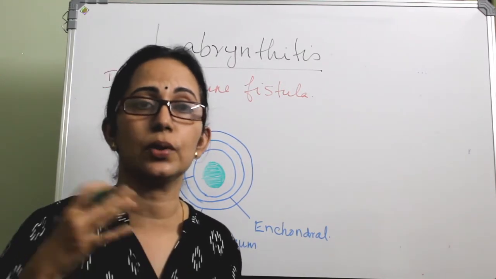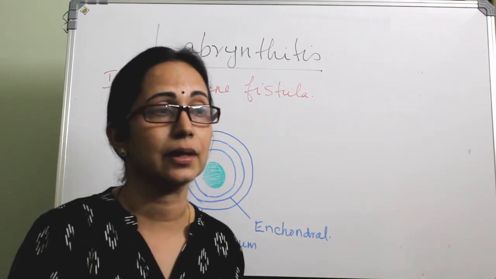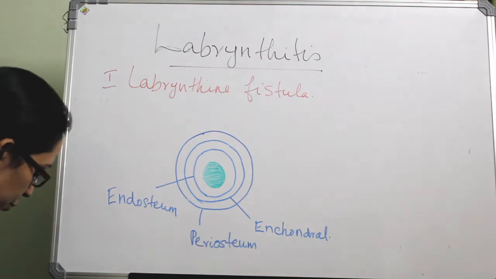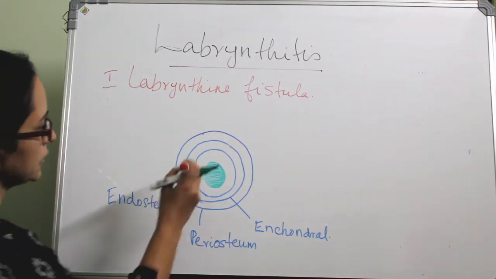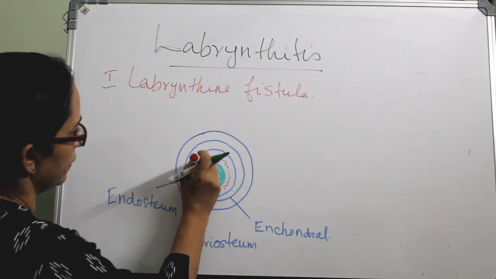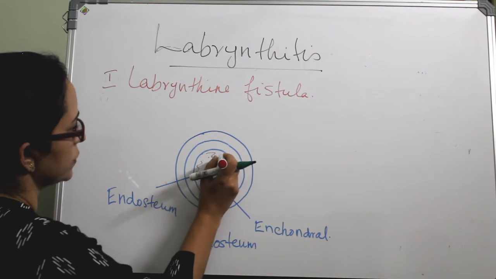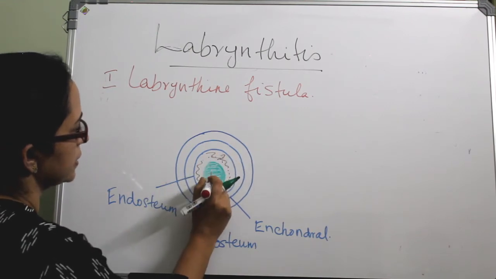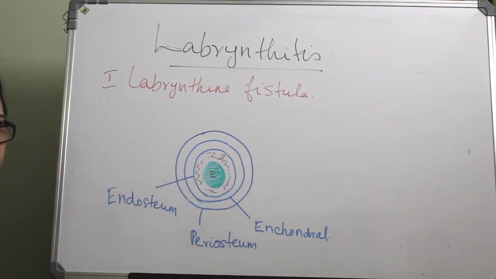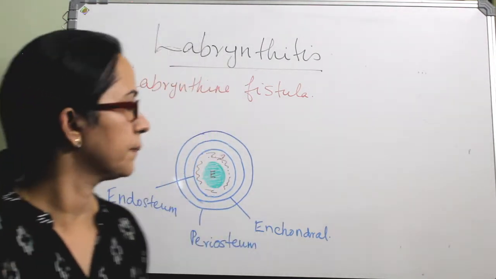And between the membranous labyrinth and the bony labyrinth comes the perilymph. So here is the perilymph, this is the bony labyrinth, and inside is the endolymph. Now it is clear for you, right?